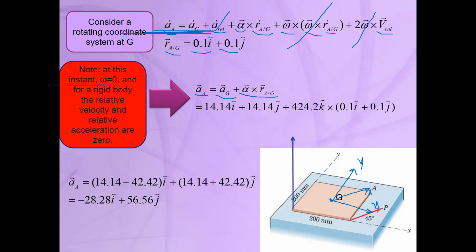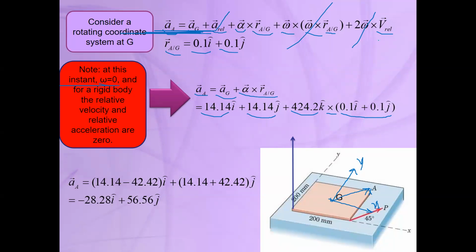So AG is the acceleration of the mass center. We calculate AX and AY. This is the AX and this is the AY. The alpha, which is calculated in the previous slide, is 424.2 in Z direction cross RAG, where RAG is 0.1 i and 0.1 j. So easily you can substitute here and simplify this equation.